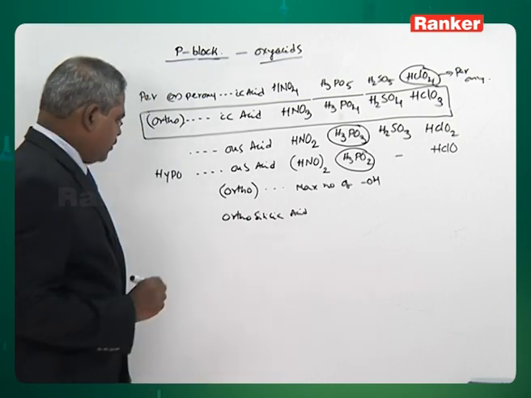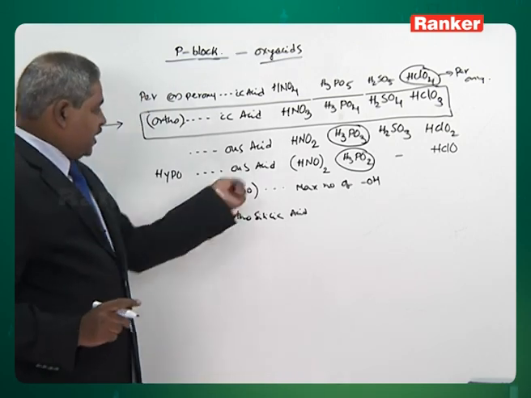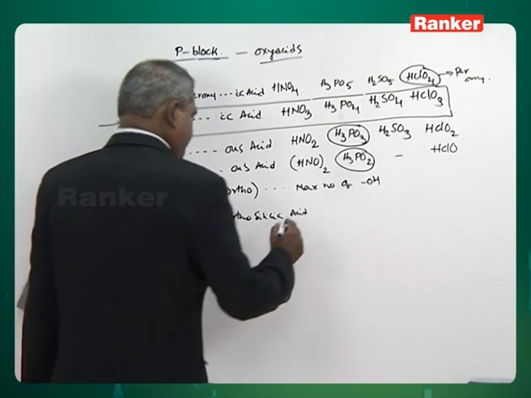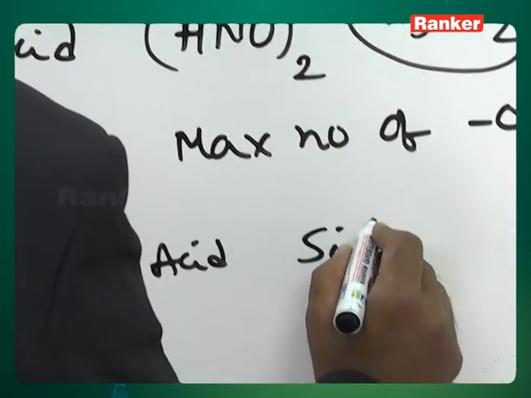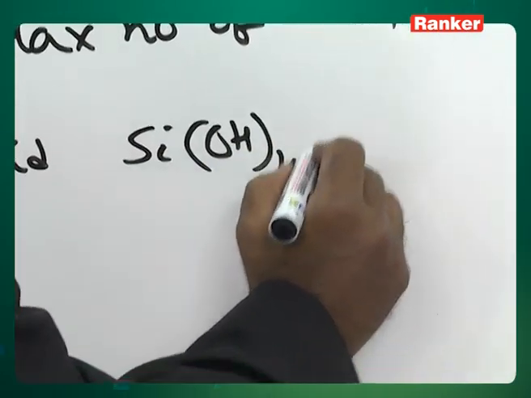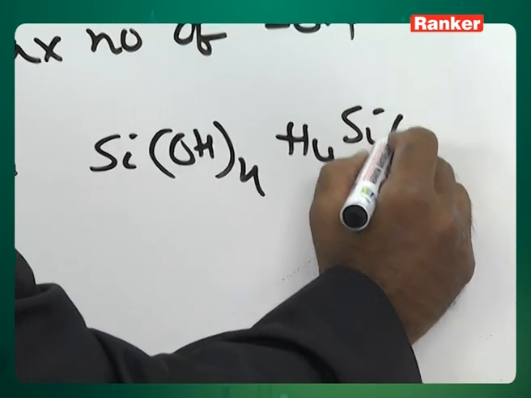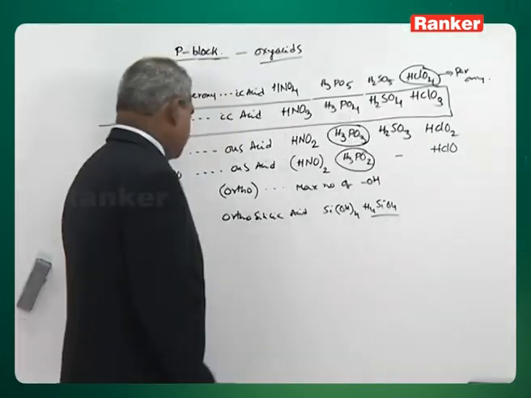What would you say about it? Silicon with maximum number of OH. How many? SiOH 4 times, which is nothing but H4SiO4, orthosilicic acid.